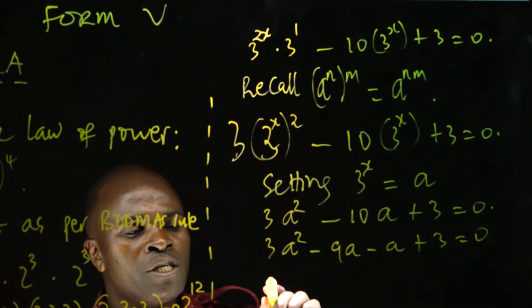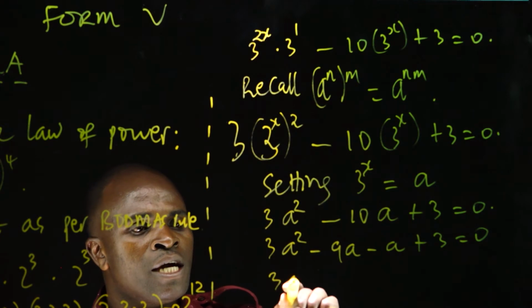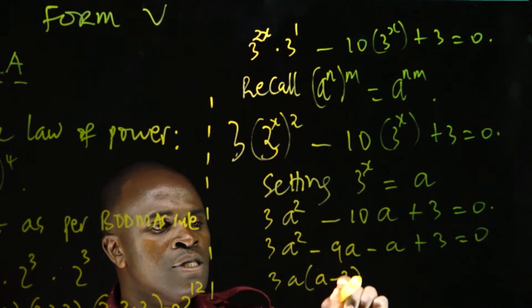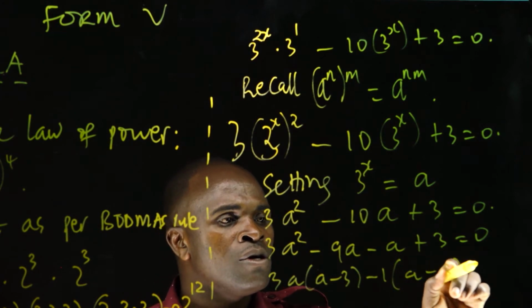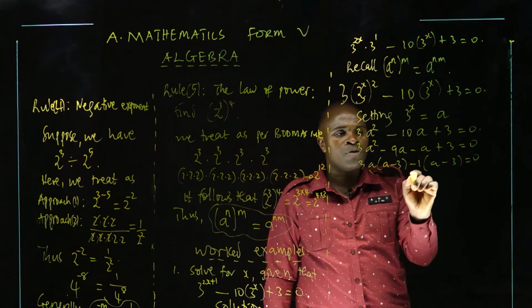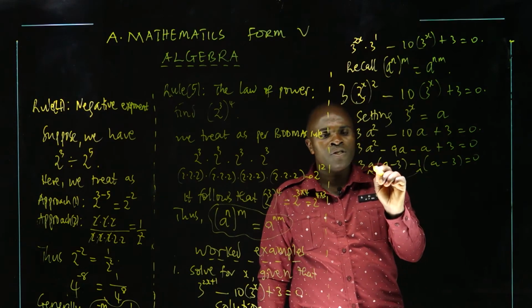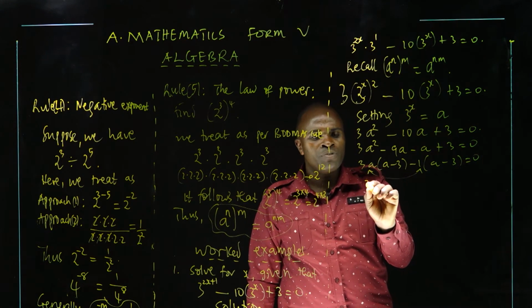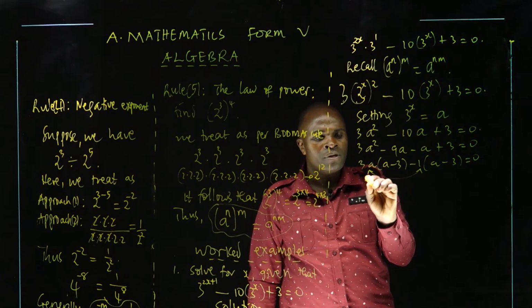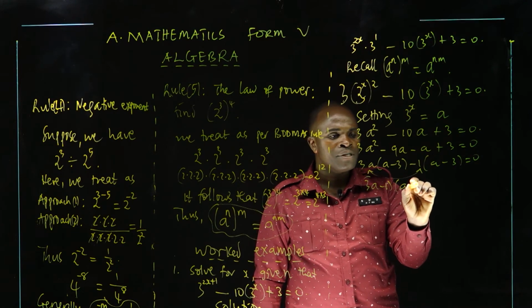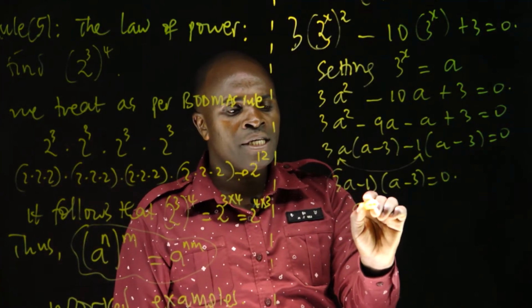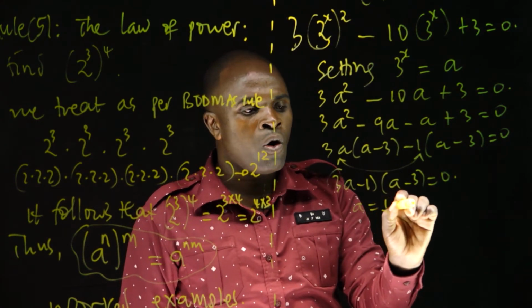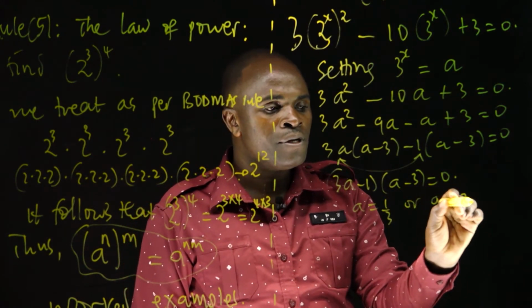Factorizing here, grouping the two terms, 3a outside is a minus 3. Take negative 1 outside is a minus 3 also. So we are taking these outer parts. These ones will simply give us 3a minus 1 and a minus 3. Using the properties of real numbers, it signifies a is 1 over 3 or a is 3.